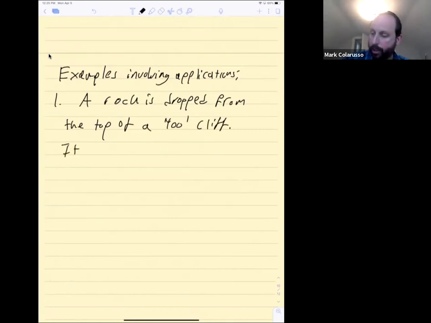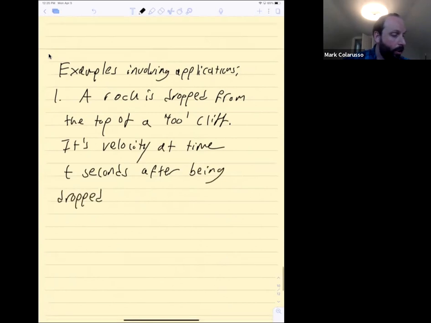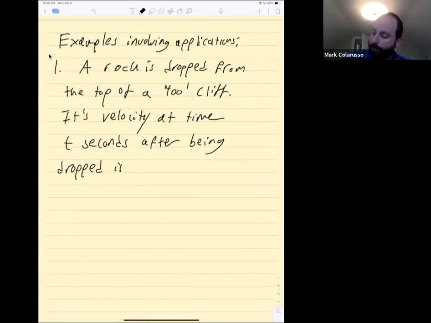Its velocity at time t seconds after being dropped is v of t equals minus 32t.